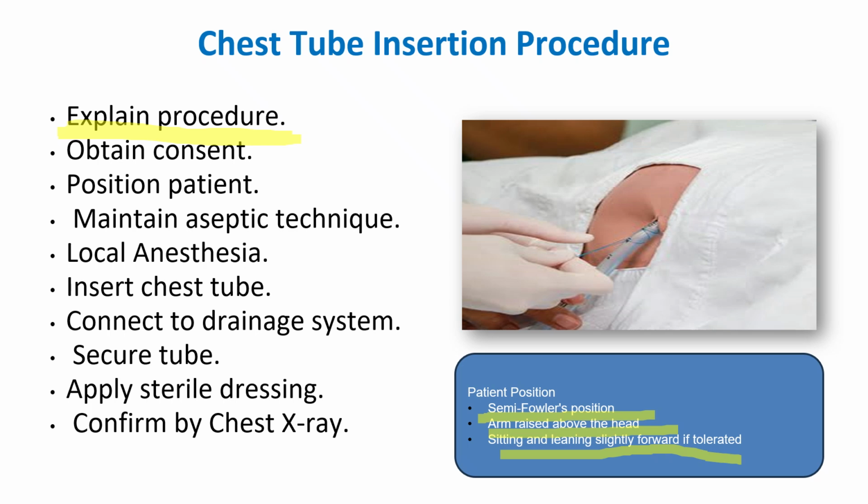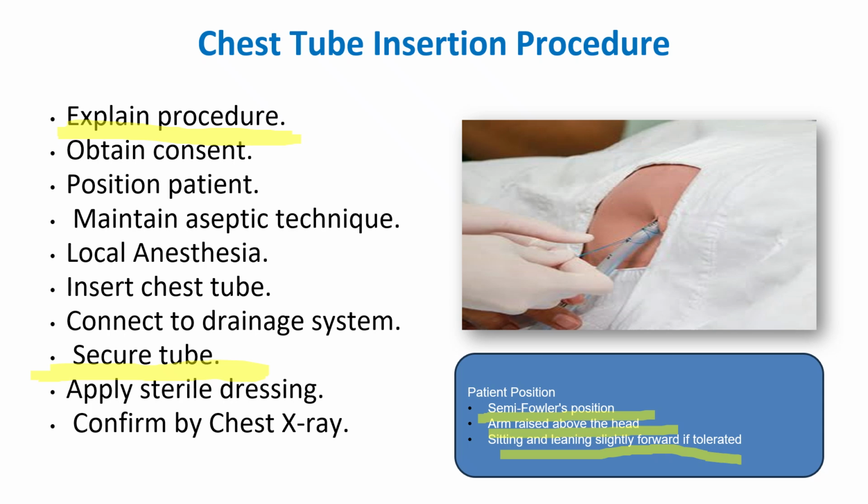So during chest tube insertion, you have to give the doctor the local anesthetic agent and chest tubes of right sizes, and as soon as the chest tube is put, you have to connect it to the drainage system, and you have to secure it meticulously. I am repeating, you have to secure it, in order to prevent accidental dislodging of tubes. Probably the doctor will put sutures, so you have to secure it properly.